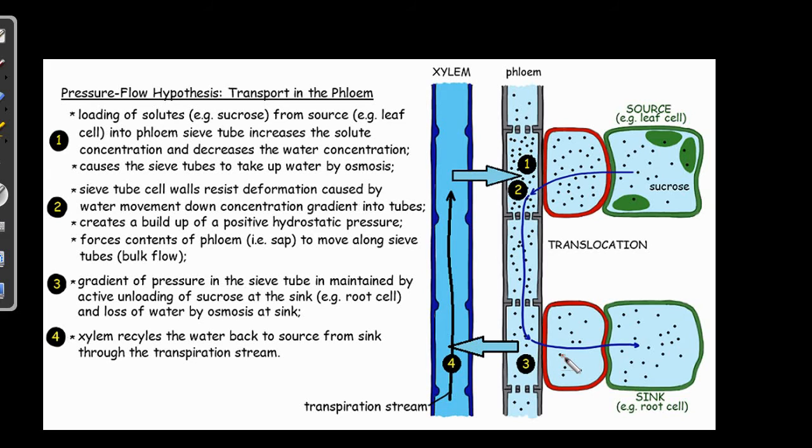Now to maintain this pressure, unloading will be taking place into the sink, that is the root sink. Right here, there also requires an active unloading. And the loss of the water by osmosis will take place.